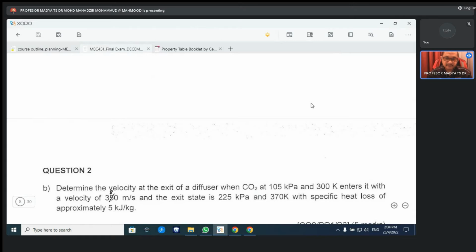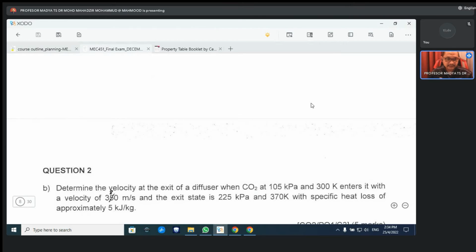Okay, as I mentioned, this question is about the first law, steady flow energy equations. How do I know this is an SFEE application question?